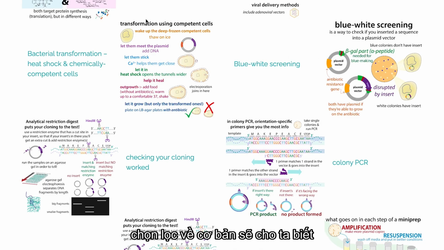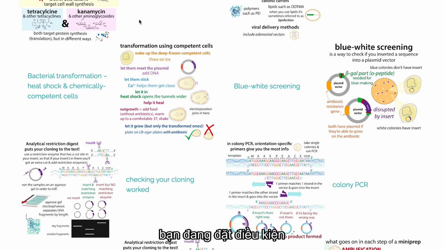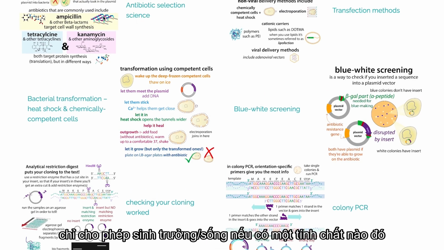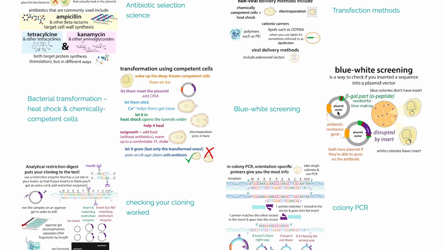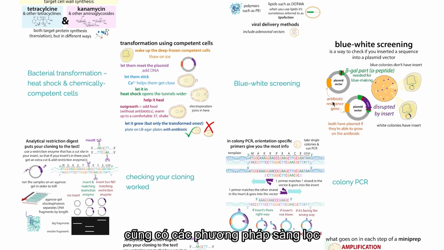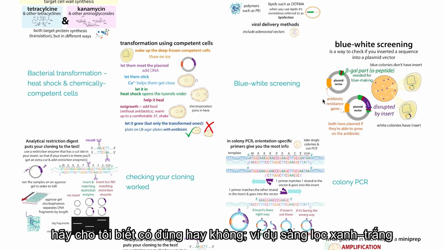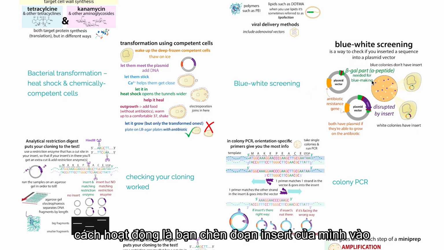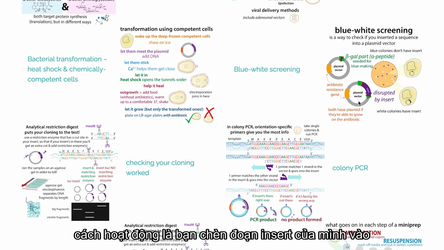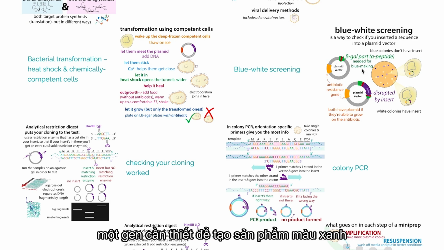With selection, you're saying only allow things to grow or survive if they have a certain property. There are also screening methods where you're saying, okay, they can live, but show me whether or not they're right. And so with blue-white screening, how it works is you stick your insert into a gene that's needed to make a blue product.